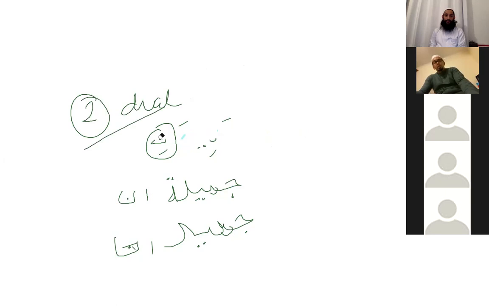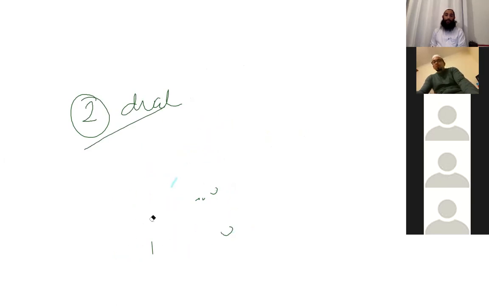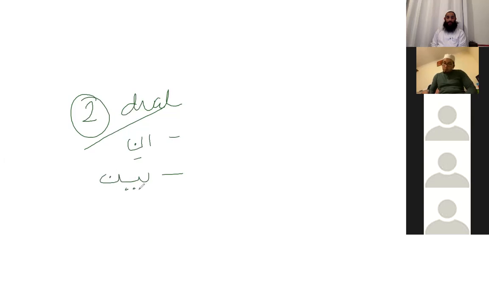So remember, under dual, what do we have so far? We have alif and noon. We add alif and noon to the word, and that makes it a dual, right? And then there is also a ya and a noon.